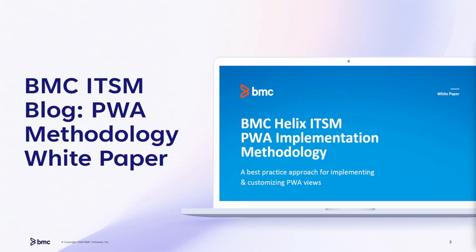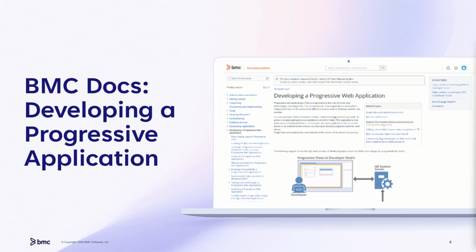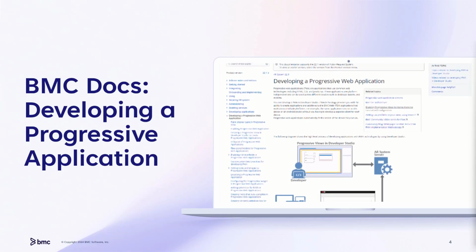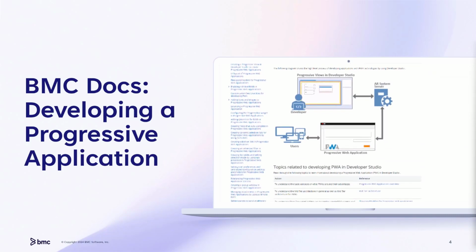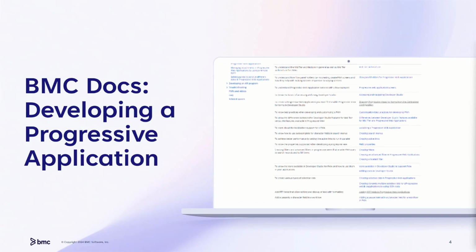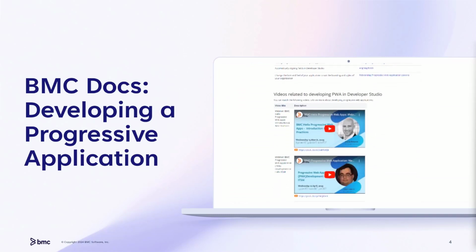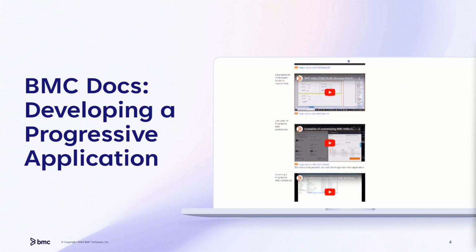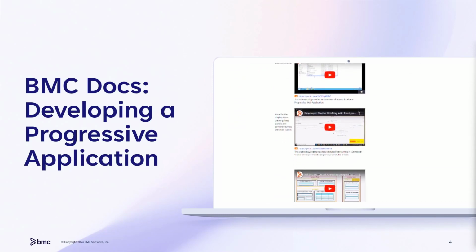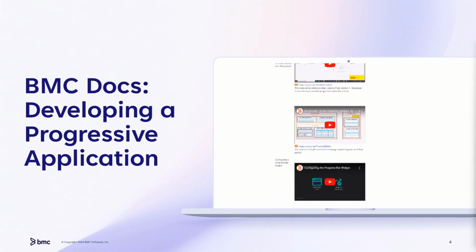This is found on BMC Communities in a blog post as a downloadable PDF for file or long storage. On BMC's documentation site, there's also a page specifically for starting your development in PWA. It contains many shortcuts and many other links and videos and other great sources of information for everyone to review.